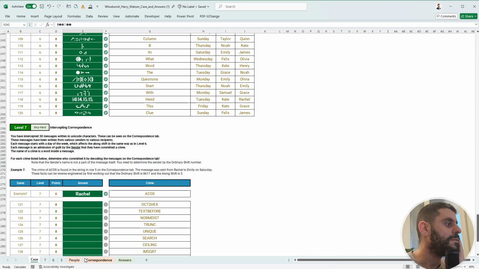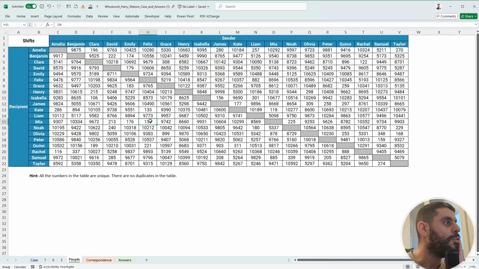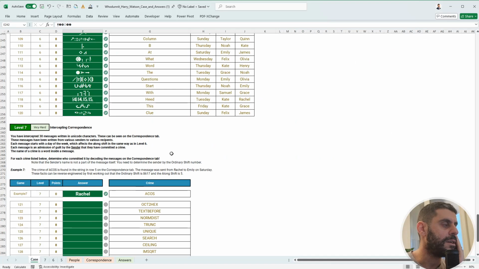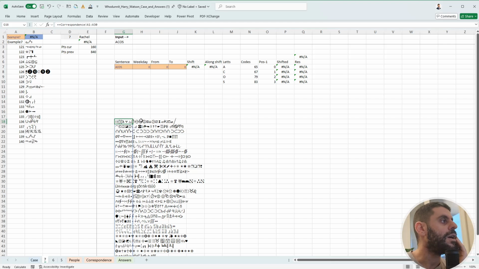With the ordinary shift, you can also find who exchanged that message because those are unique codes. So basically, you can understand who is the sender, which actually is the ultimate question to be answered. So those are the messages. We know that the first word is the day of the week.